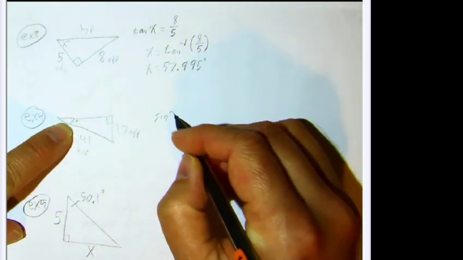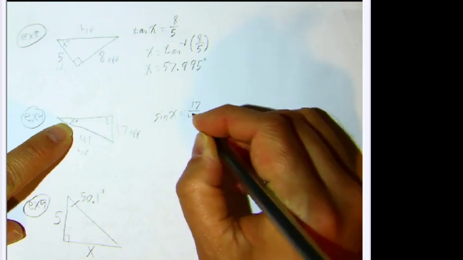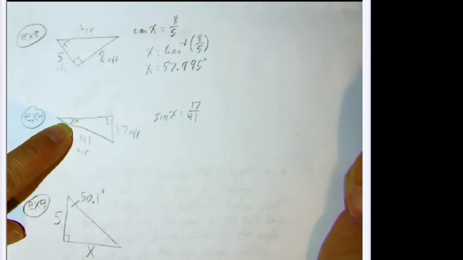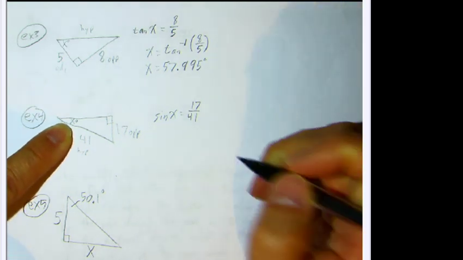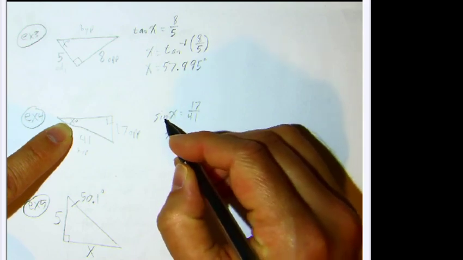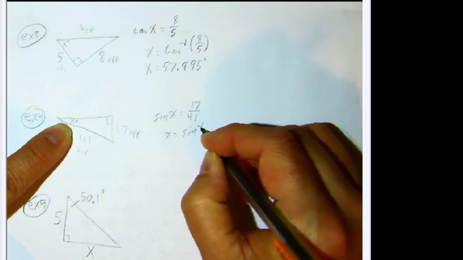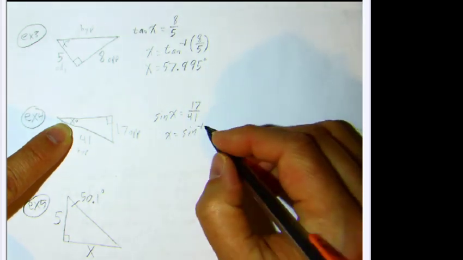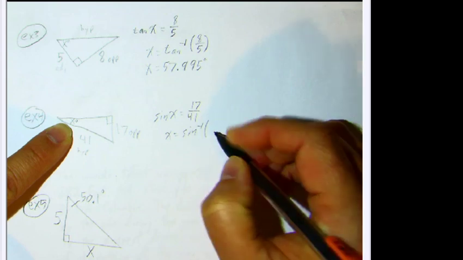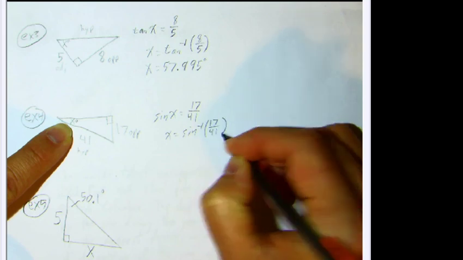So the sine then of this angle is going to equal opposite over hypotenuse. But I don't want to know what the sine of x is. I want to know what x is. So to get rid of sine, I have to do its inverse. So I'm going to do inverse sine, or arc sine is another word for that. Arc sine. So I'm going to do the arc sine of 17/41.